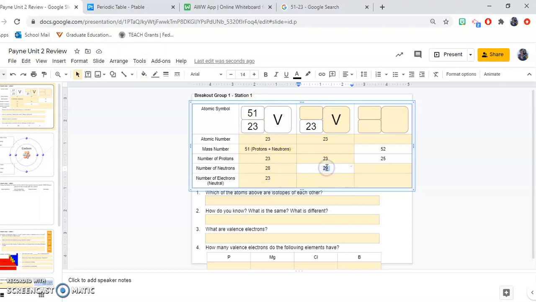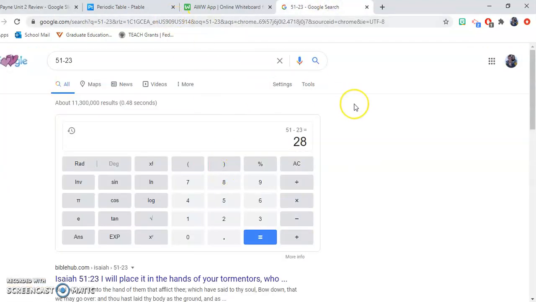Now we're given the number of neutrons. And if you recall, let's look at our back example. Protons plus the number of neutrons is going to be equal to our mass number. Well, look at this. We're given the number of protons and we're given the number of neutrons. So we have to take 29 and add it to 23. Of course, we can go to our calculator if you prefer. 29 plus 23.